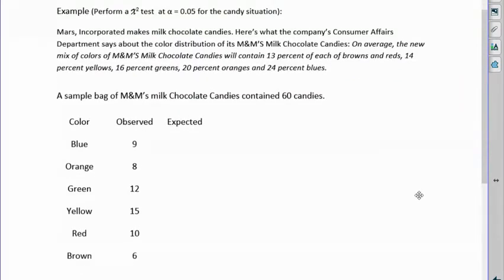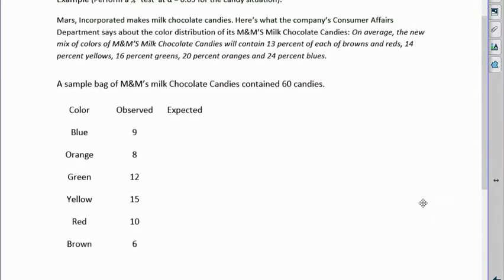So now we'll do an example with the M&M's chocolates. We're going to perform a chi-squared goodness of fit test at alpha equals 0.05 for the candy. Remember that just like in any test, we always start off with conditions.